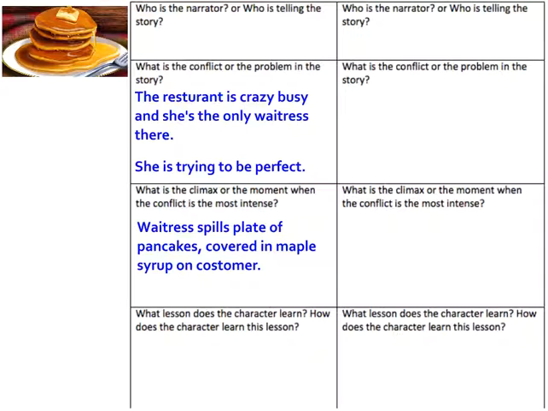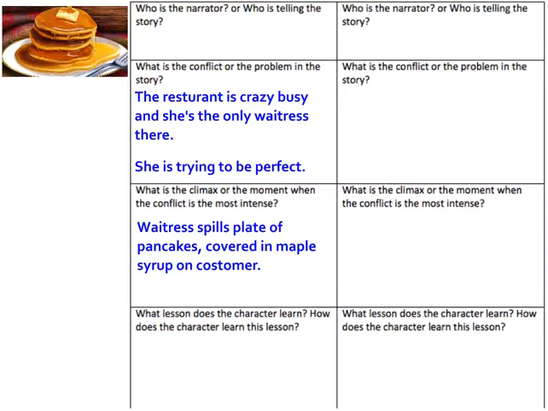I also think a conflict for my story might be that she's trying to be perfect, right? She thinks she can do it. She tries hard enough to be perfect that she'll be able to take care of all the customers. So when she spills the plate, that's the moment that conflict, it being crazy busy and her trying to be perfect, is the most exciting or intense.